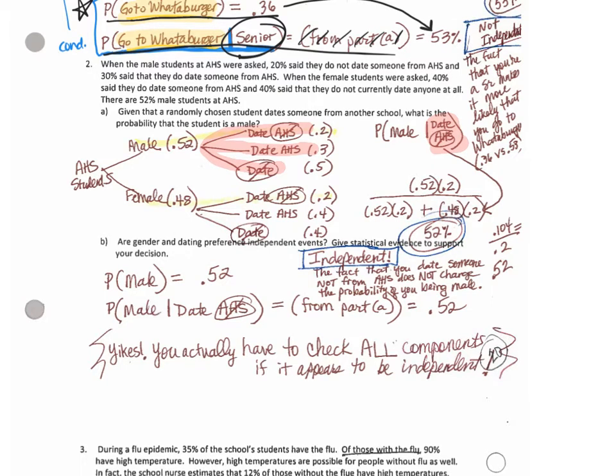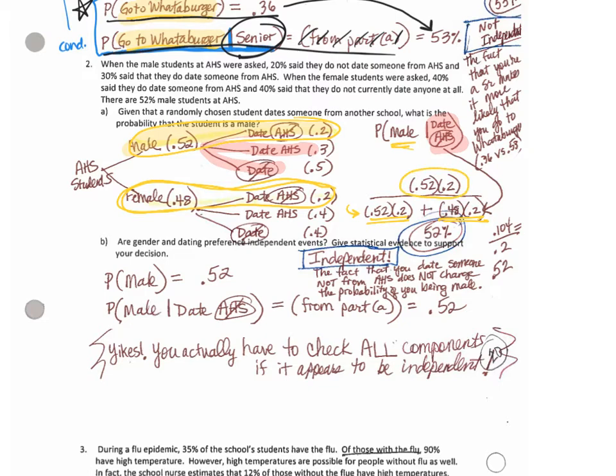Not from AHS, males, so this is one piece right here. The dating not from AHS males, and the dating not from AHS females. So these are the 2 parts that go down here on the bottom. Here's the males, here's the females. And then, what's the probability they are a male? So that's the part that is on top.